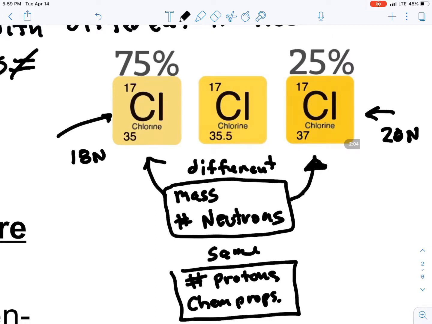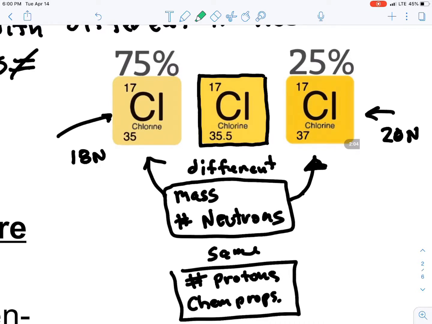Now, on the periodic table, because we know that we have these different isotopes of this same element, and we know that they're mixed together all the time. They're not separate, they're together. If we have chlorine, 75% of it is the chlorine 35, and 25% is the chlorine 37.